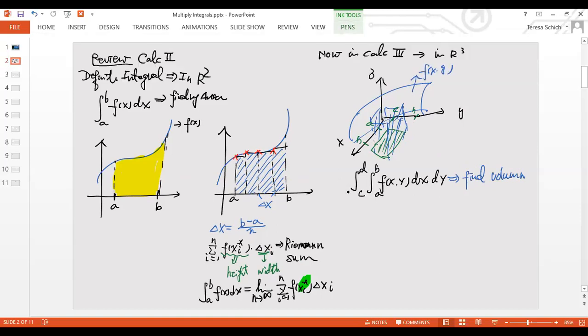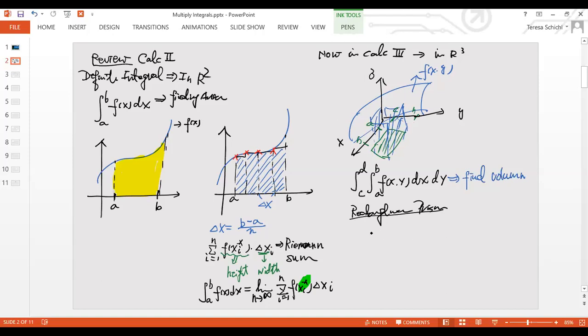So what is our Riemann sum going to be? Instead of each individual rectangle, I'm looking for the rectangular prism, like a rectangular box. I'm going to add all these smaller boxes.